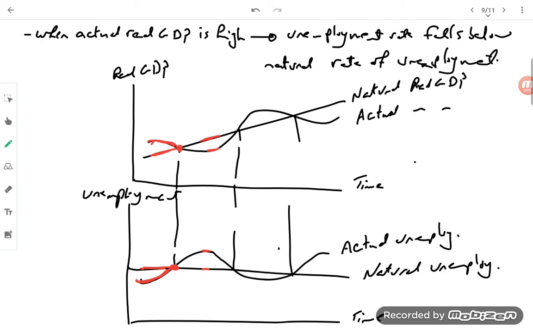So from this figure, we can connect the three concepts together: unemployment, inflation, and real GDP.